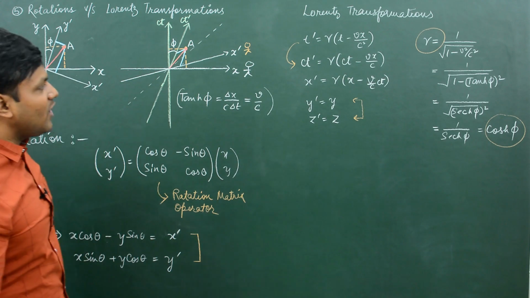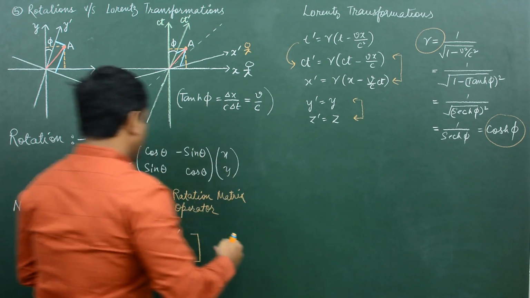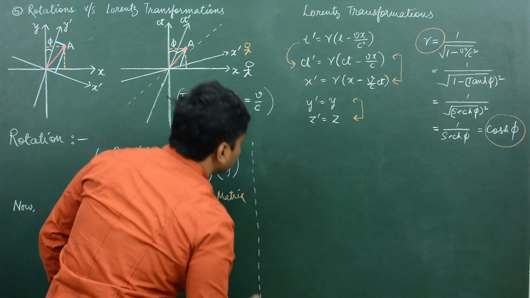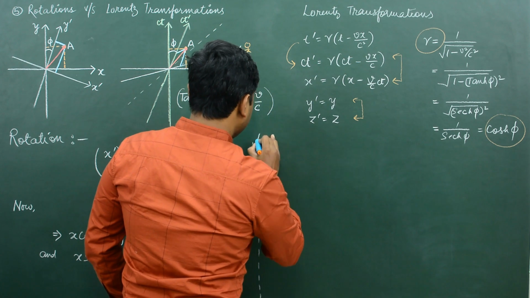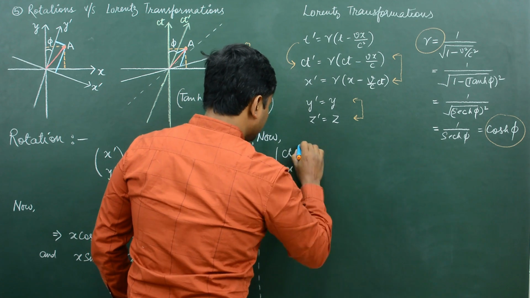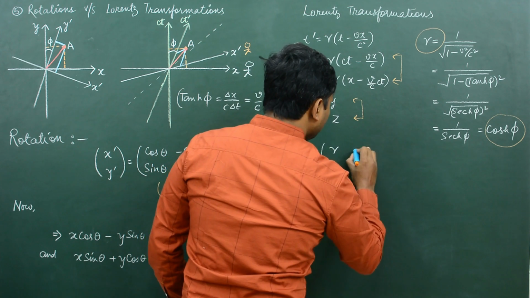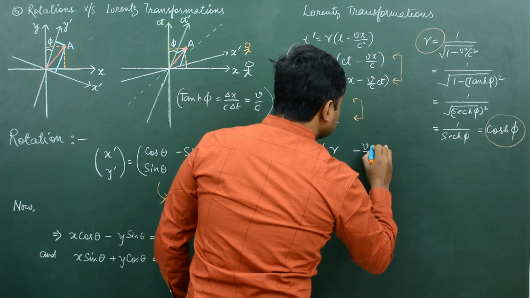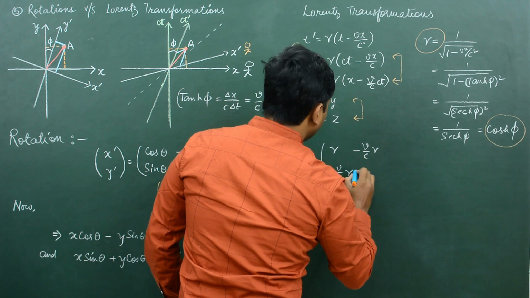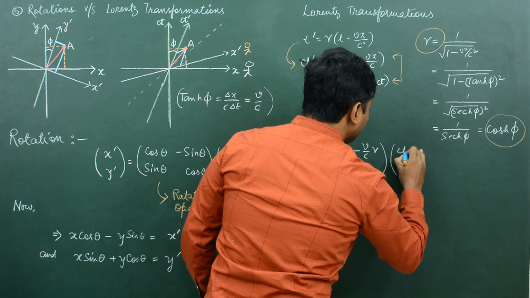So if I write down these two sets of equations in this particular form, how do the Lorentz transformations look? The Lorentz transformation simply looks like ct dash, x dash is equal to the matrix with gamma, minus v upon c gamma, minus v upon c gamma, gamma, acting on ct and x.